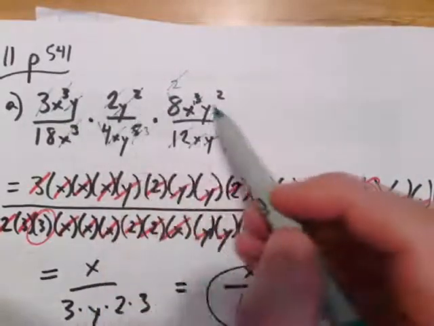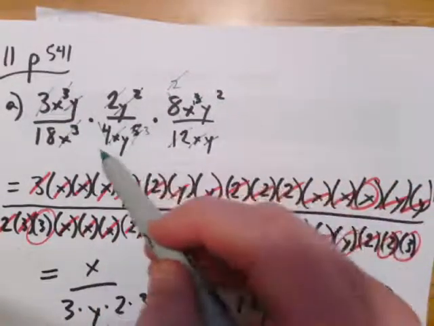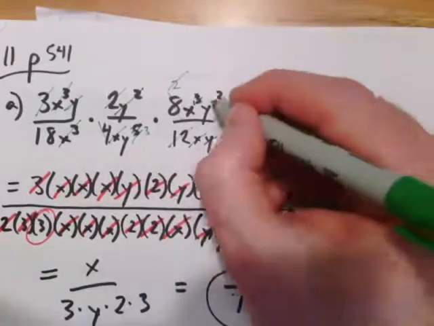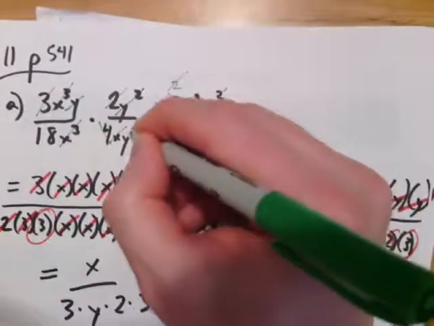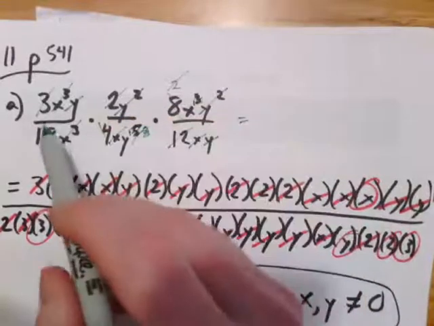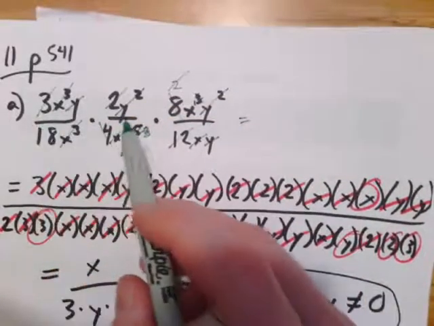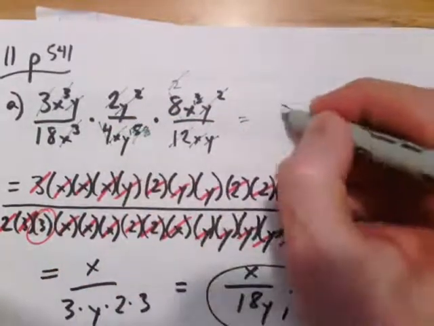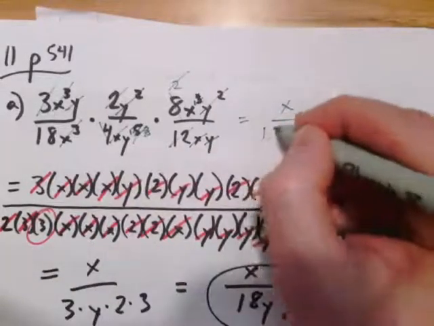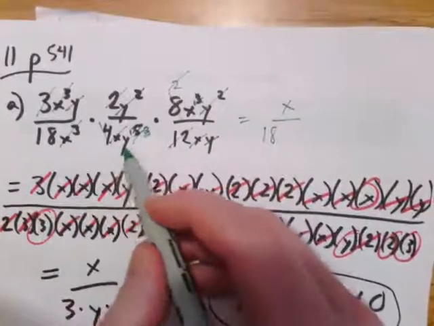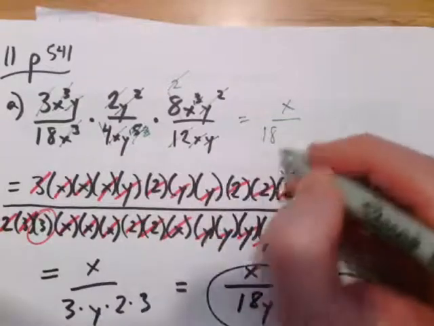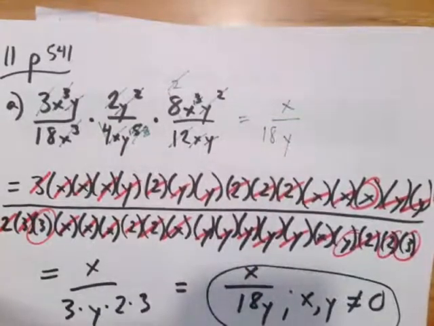What about the y's? We have y squared and y cubed. So I can get rid of the squared and get rid of the cubed. It's just y to the 1 left. So that equals just the x on top, and 18, and then just a y. Is that it? Yep. Okay.